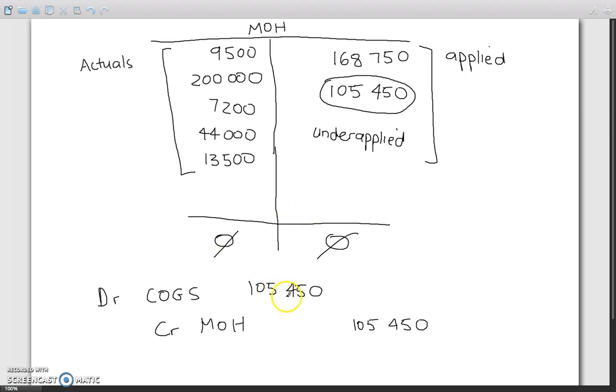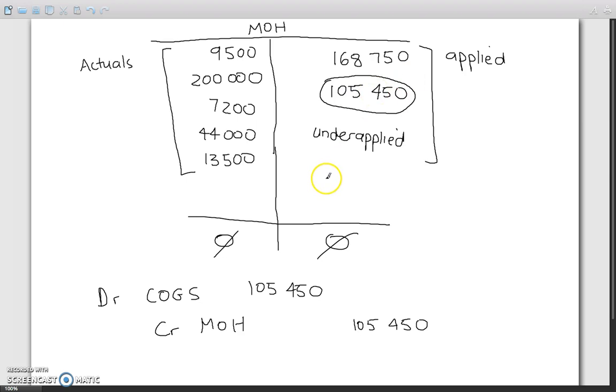your cost of goods sold, because the sales that you made, the products that you made, their actual cost was all of these combined, right? So in order to make your accounting data accurate, you want to credit your MOH by that same amount, because this is really what you spent.